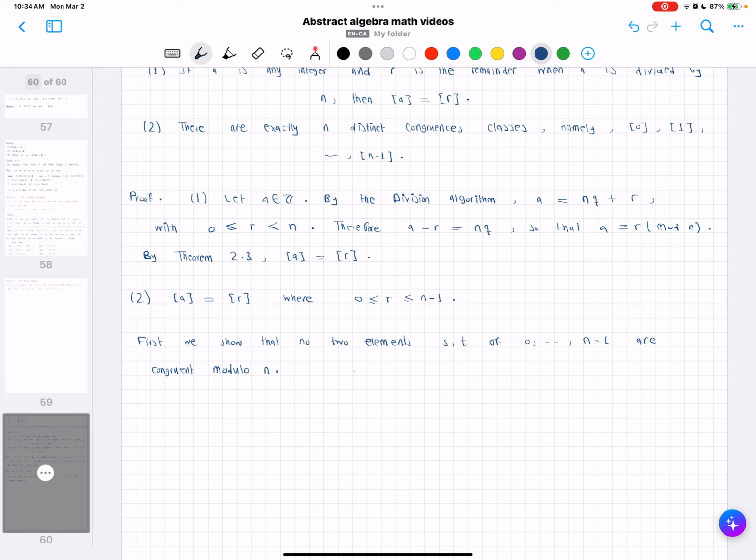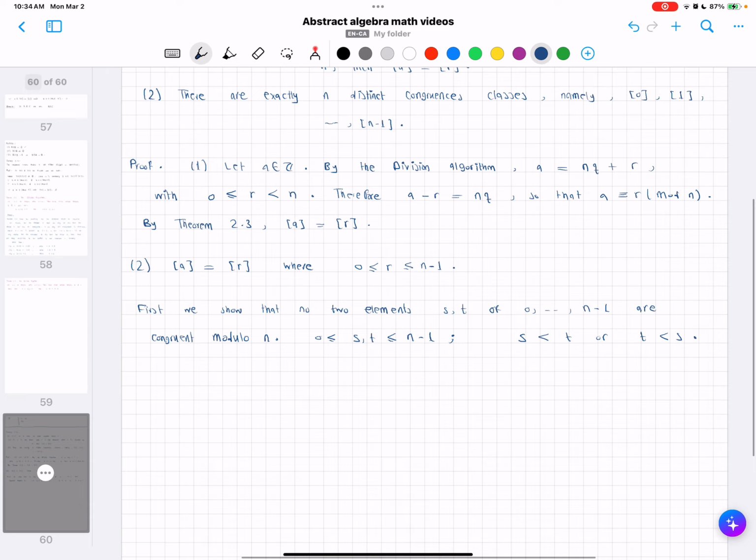So we have, if S and T are distinct elements that are between 0 and n minus 1, then we must have that either S is less than T or T is less than S. So assume one of the cases. Assume that T is the larger one.